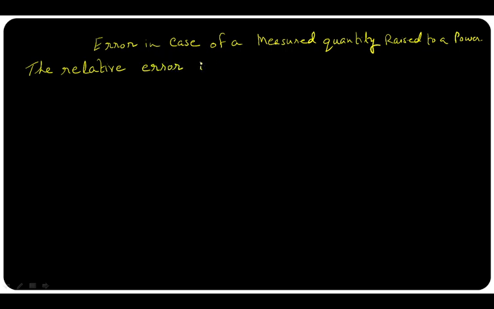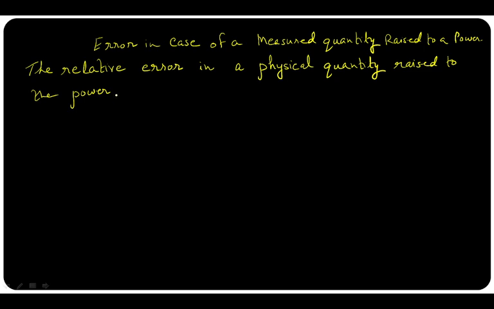The relative error in a physical quantity raised to the power k is k times the relative error in the individual quantity.